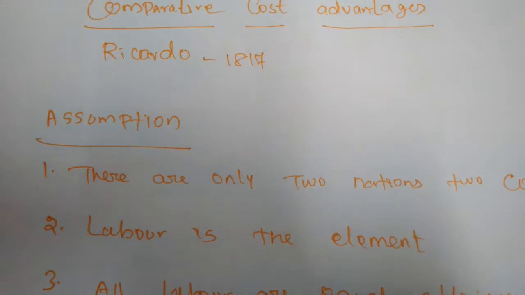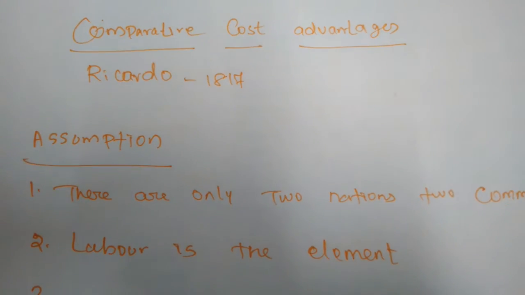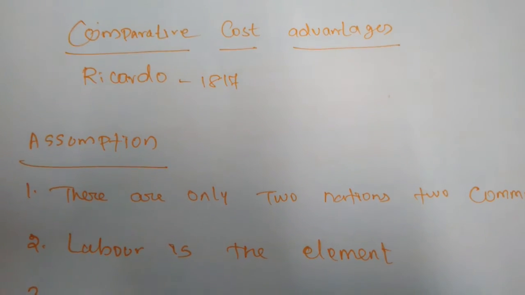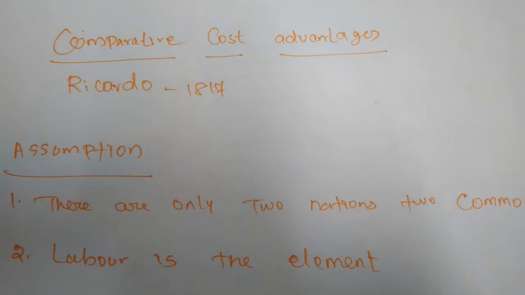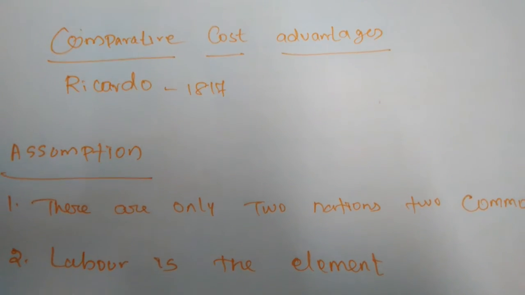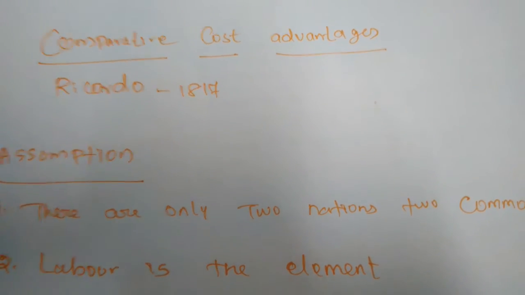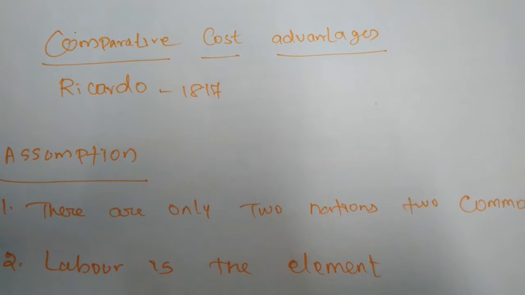So, the comparative cost advantages. Ricardo demonstrates that the basis of trade is the comparative cost differences. In other words, trade can take place even if the absolute cost difference is absent, but there is a comparative cost difference.